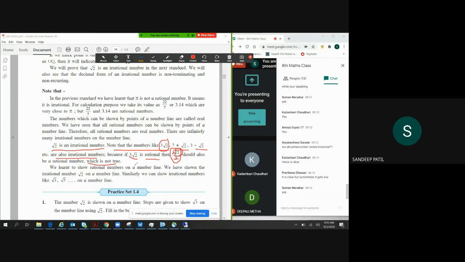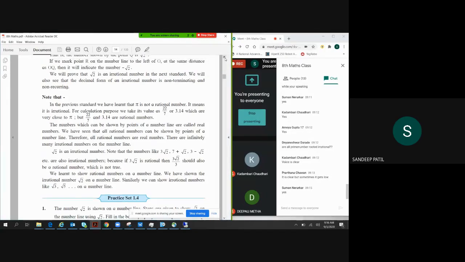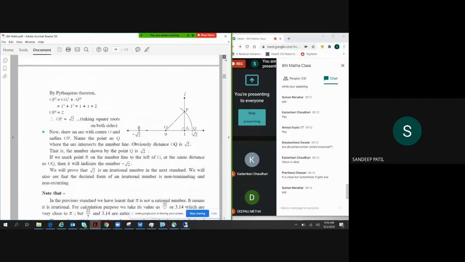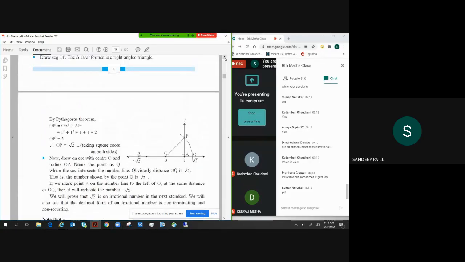So now what we learned from this is that, to show rational numbers on a line, we have already learned how to show the rational numbers and even irrational numbers also. Similarly, we can show irrational numbers like root 3, root 5 on a number line. So we will do an exercise now. We have just seen how to calculate root 2.